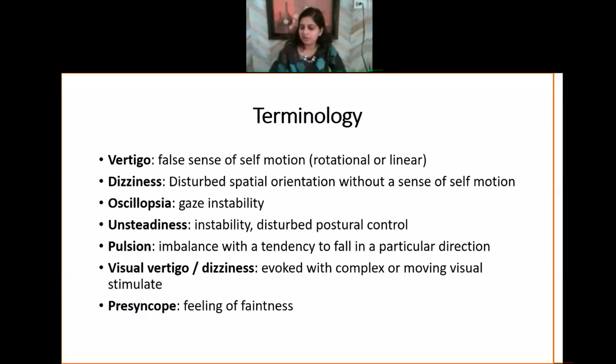For example, my aunt, she sent me all the reports and she said I was having dizziness and my doctor asked me to do blood reports, checking blood sugar, renal test, liver function test. She has done everything. Her problem doesn't resolve, and after listening to the symptoms, it was BPPV.